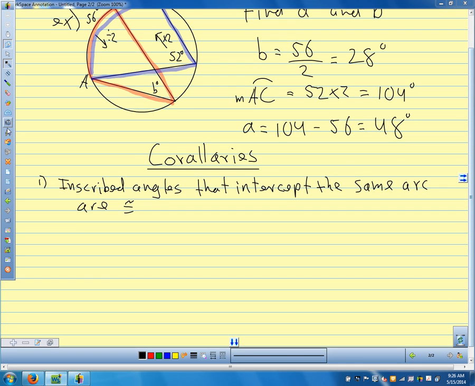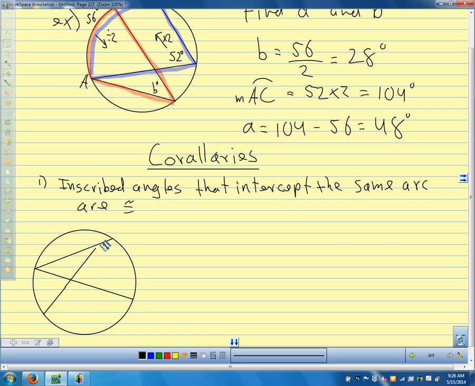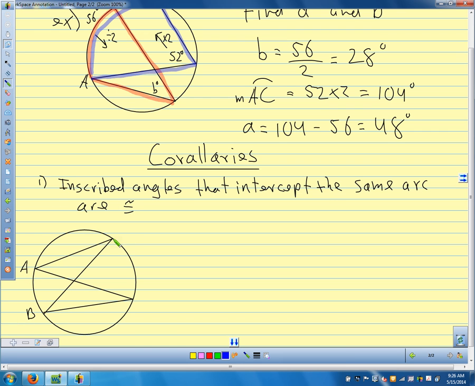So if we have a picture here, our picture for this corollary is, here's my circle, and we'll draw in. We'll see a lot of drawings that look like this for our circles. And I'm going to call this angle A and this angle B. And here's my intercepted arc.